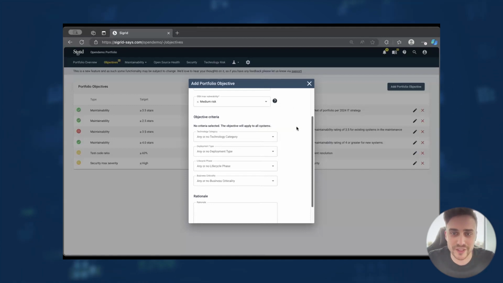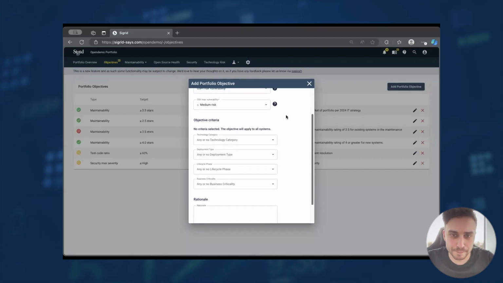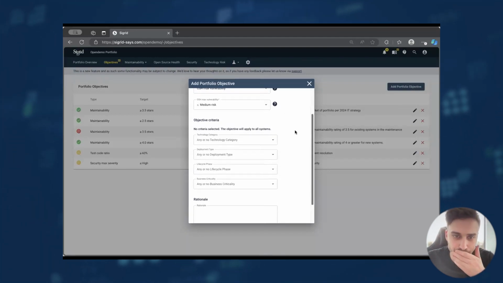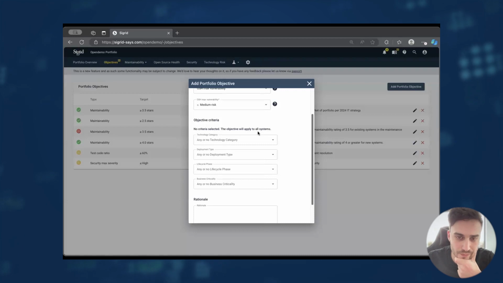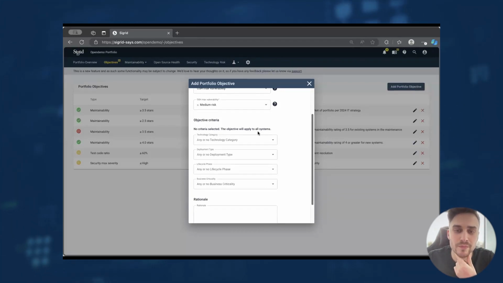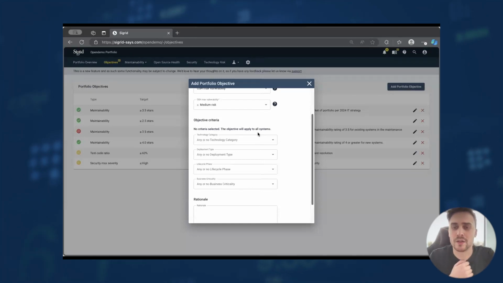I see Stefan raised his hand. Please. Yes, because I was able to fill in the first two boxes, but the object criteria, I wasn't able to fill them. Is that something that I should configure somewhere else in the application?